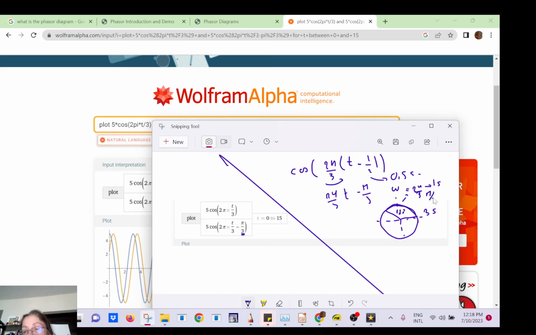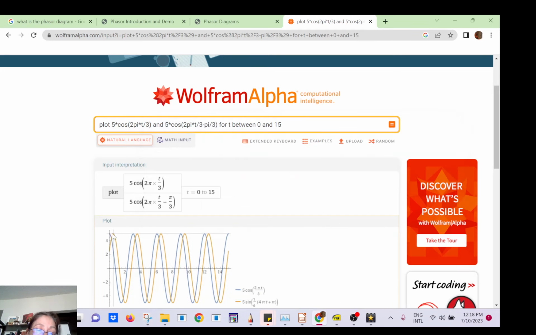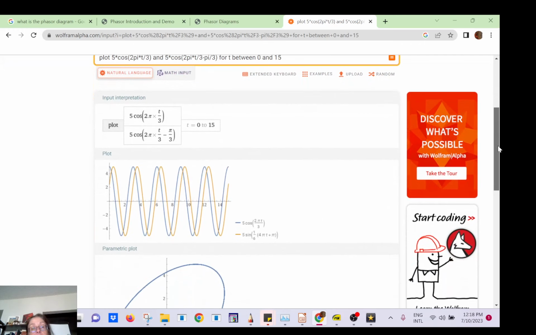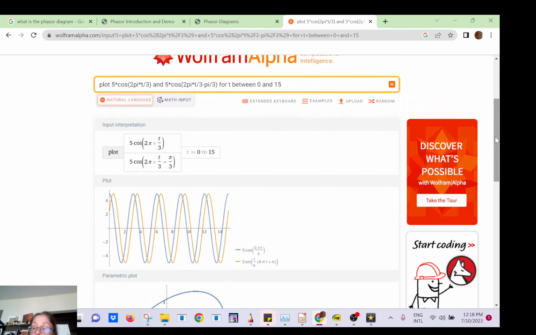So pi over 3 is going to be 0.5 seconds, right? So everything is shifted by 0.5 seconds here. Okay, so you can play with that. You can shift this way, you can shift that way, you can do the same thing with the sine.